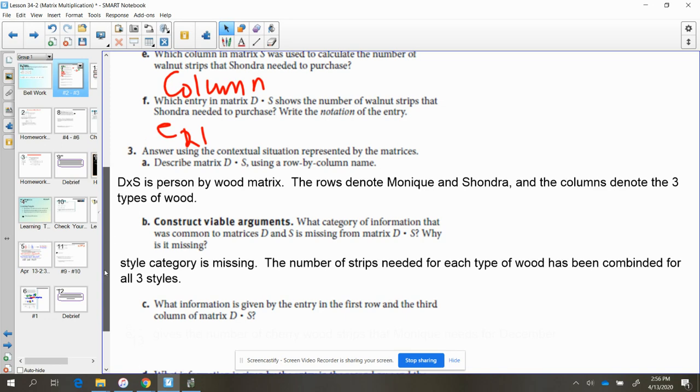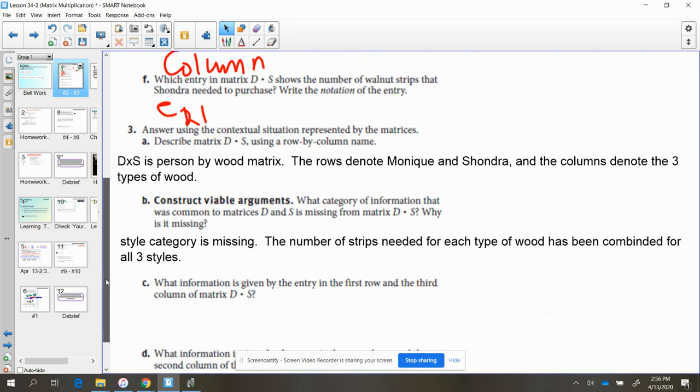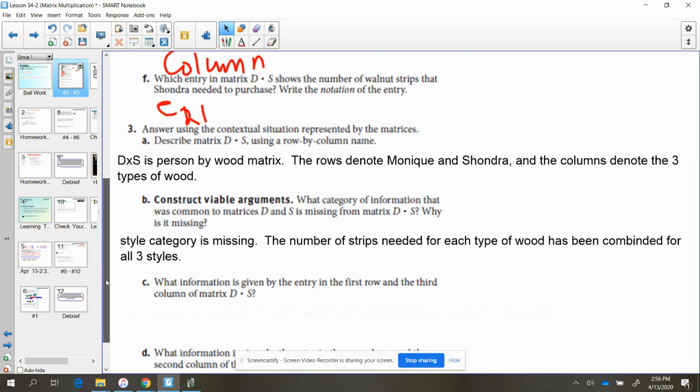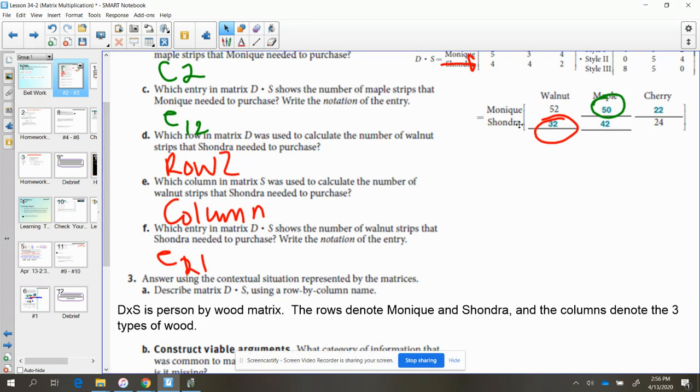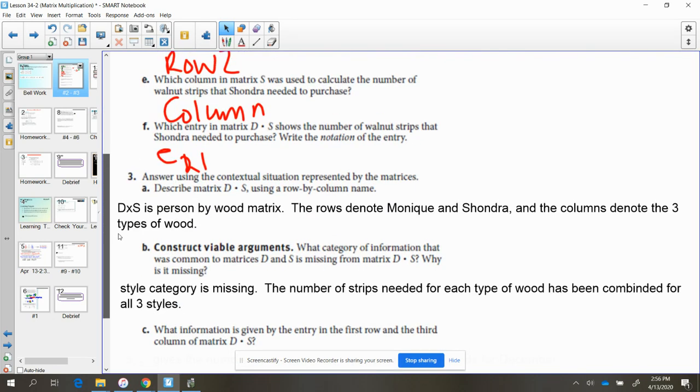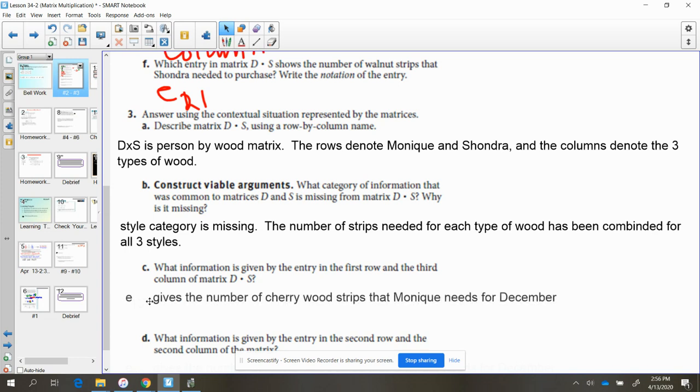And then last but not least, what information is given by the entry in the first row and the third column? Well, first row, third column is the number of strips of cherry wood that Chandra needs. So that's going to be denoted by entry 1, 3, so row 1, column 3, and again the number of cherry strips she would need.